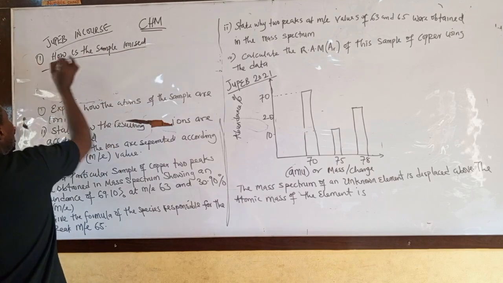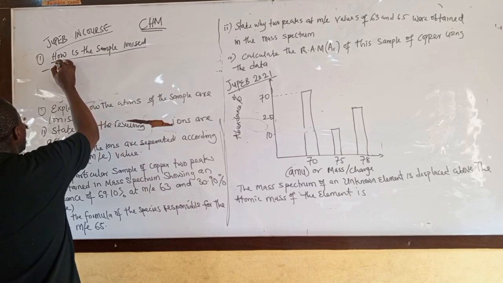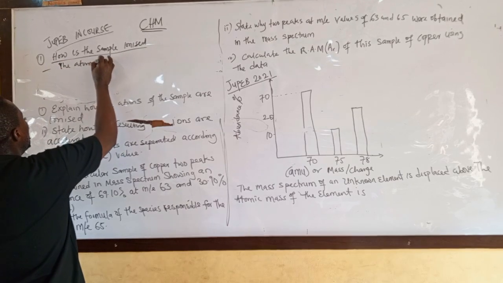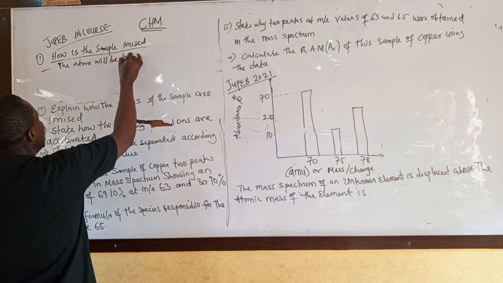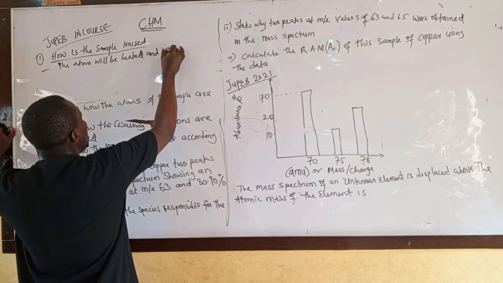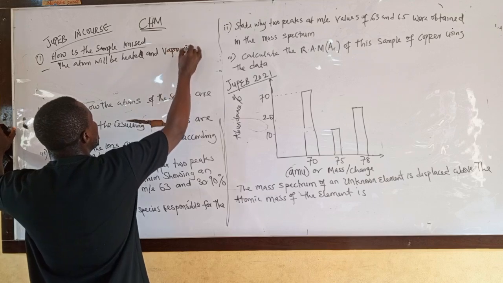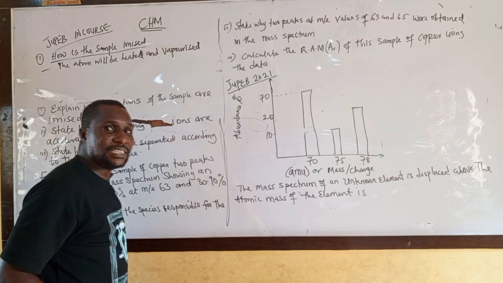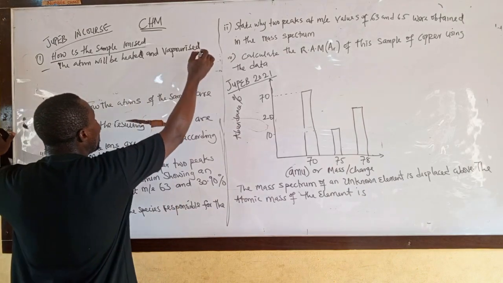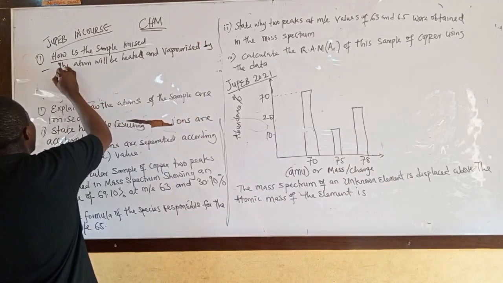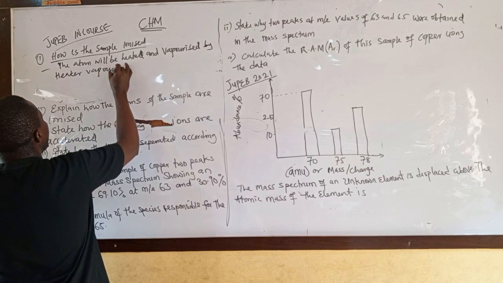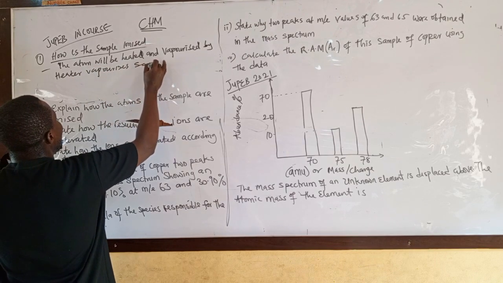How are they ionized? The first one: the sample or the atoms will be heated and vaporized by a heater, which vaporizes the sample. That's the first one.